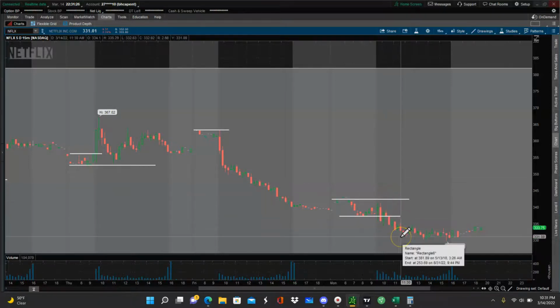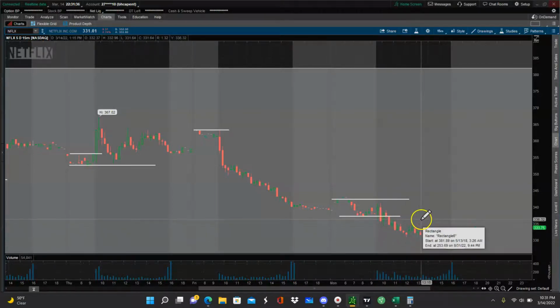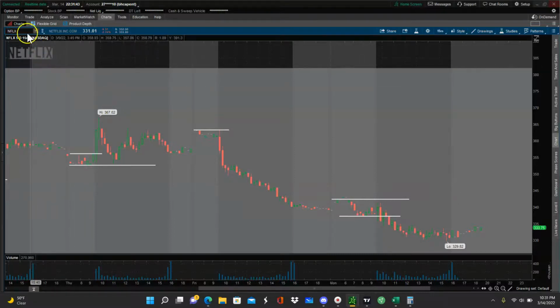And so there's a decent opportunity here. You got puts from about 337 down to about 330, so about a 7-point move. So yeah, it's pretty simple, but like I said, not easy. Simple but not easy. Let's check out another ticker.